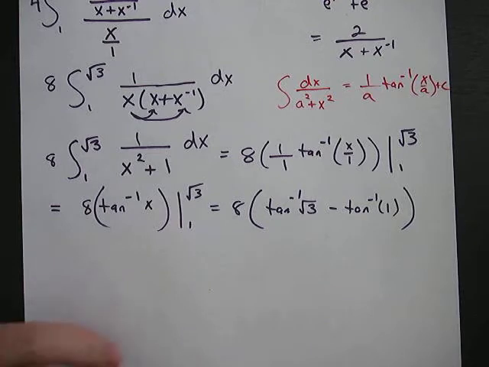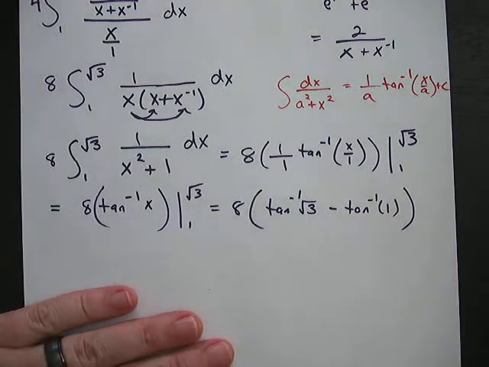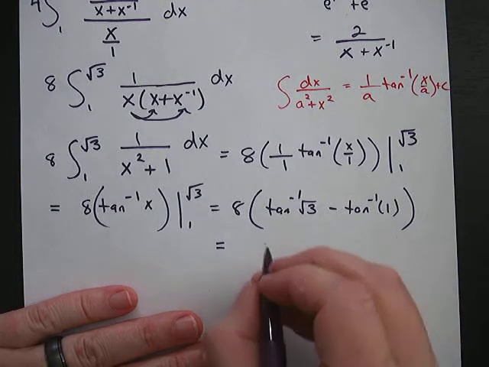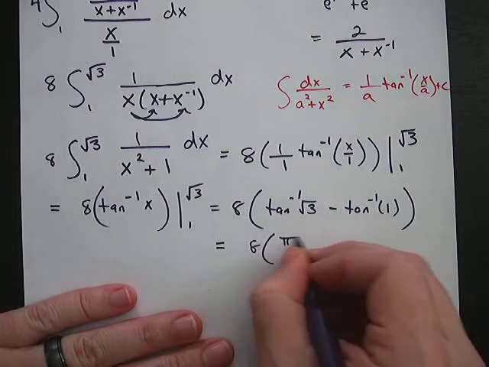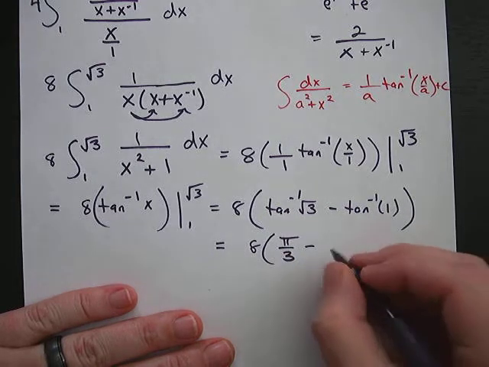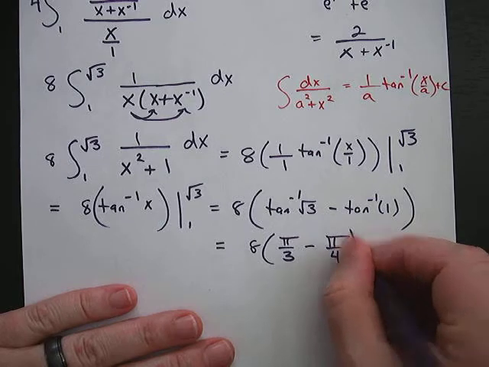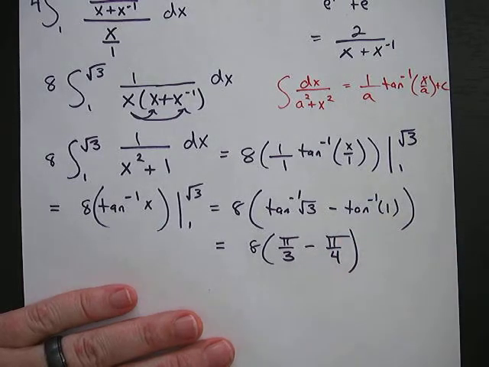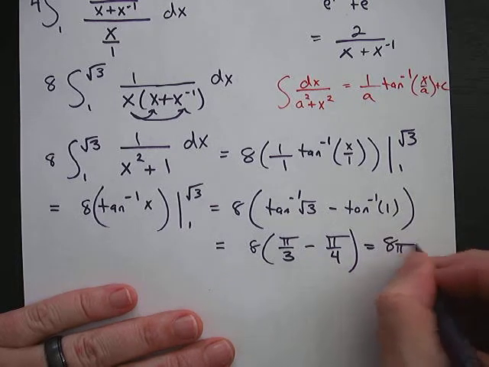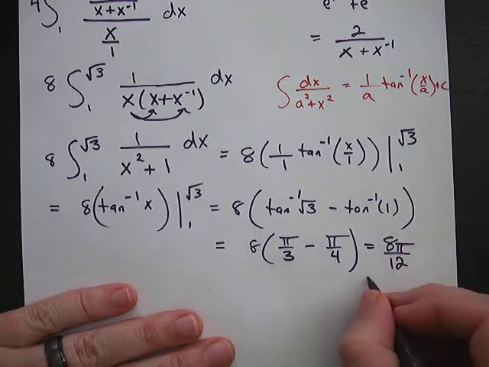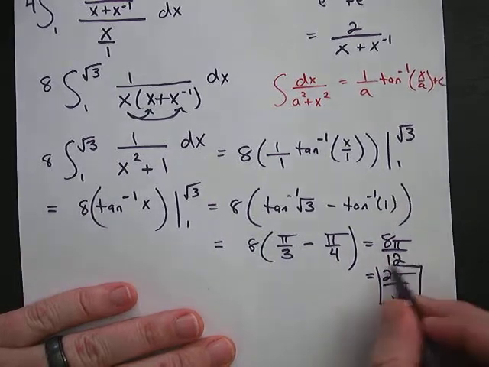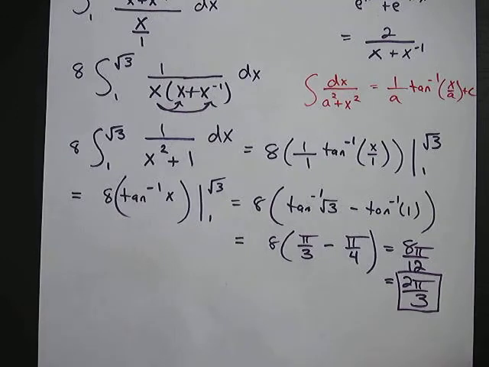Where is tangent equal to the square root of 3 in the first quadrant? It is at pi over 3. So we have 8 times pi over 3 minus, and where is inverse tangent equal to 1? That would be at pi over 4. You subtract those by finding a common denominator, and once you distribute the 8 you end up with 8 pi over 12, which reduces to 2 pi over 3. So there's the answer to that one.